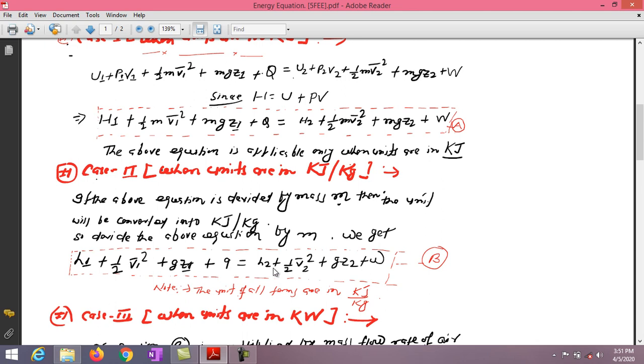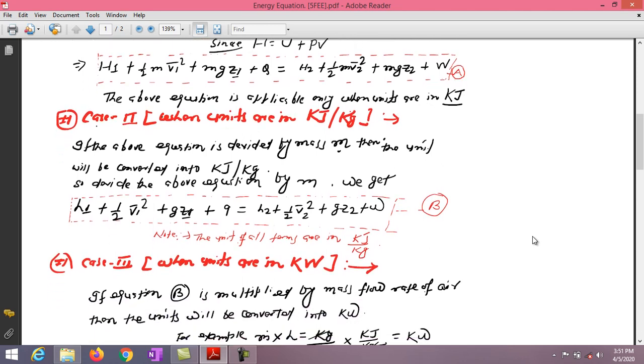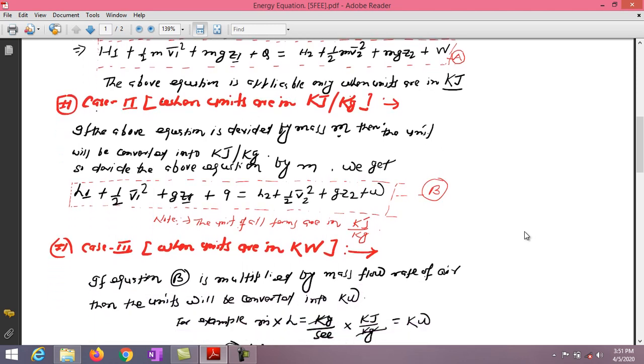Once again, the total specific energy at inlet is equal to the total specific energy at outlet. In this equation we have to take care that the unit of all terms is kilojoule per kg.